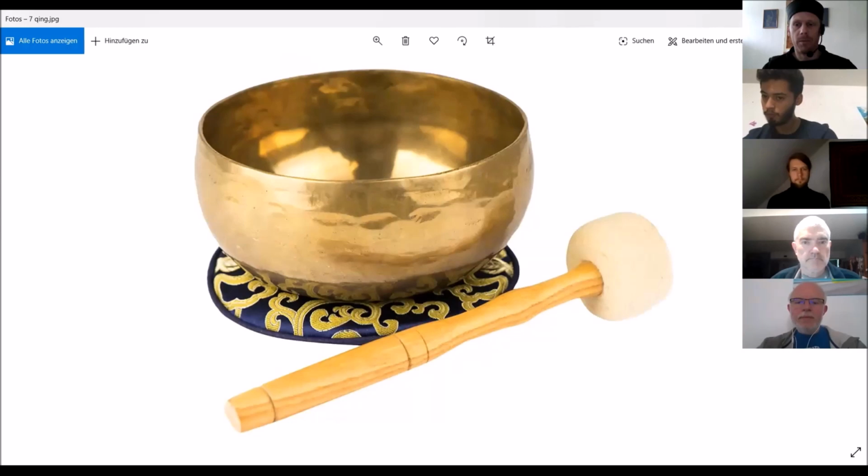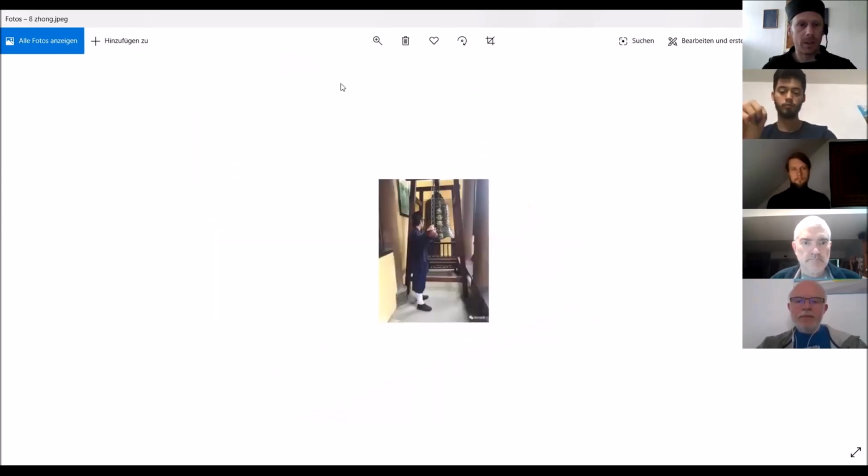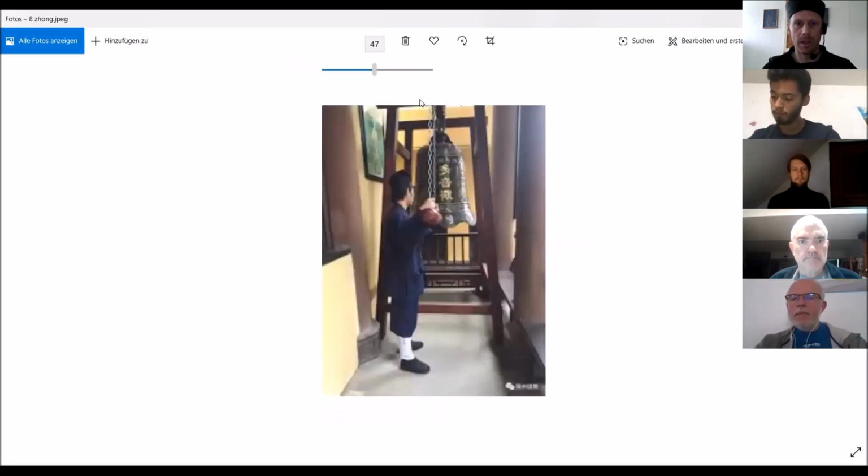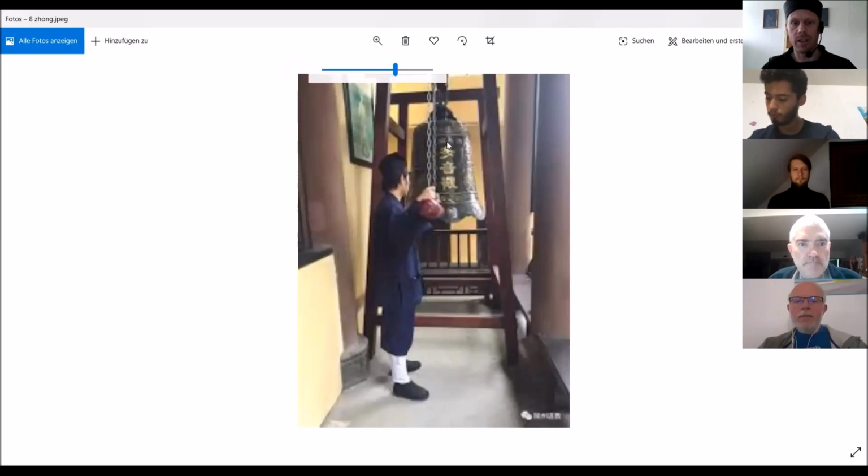The singing bowl again comes in very, very different sizes. Here's what I mentioned before, the zhonglou, the big gong here. This is actually a small, big gong, I would say, with a smaller handle, but you see one normal man size needs to work on this.